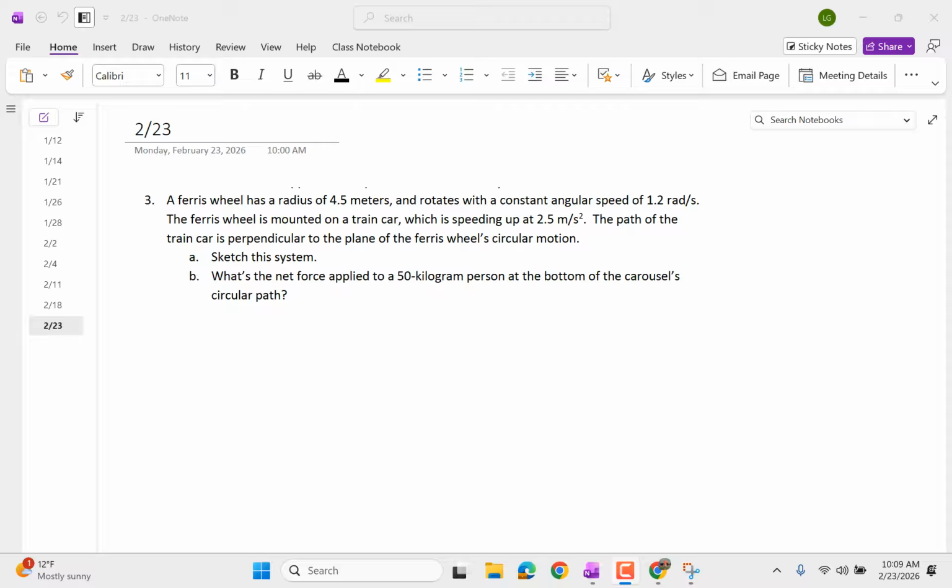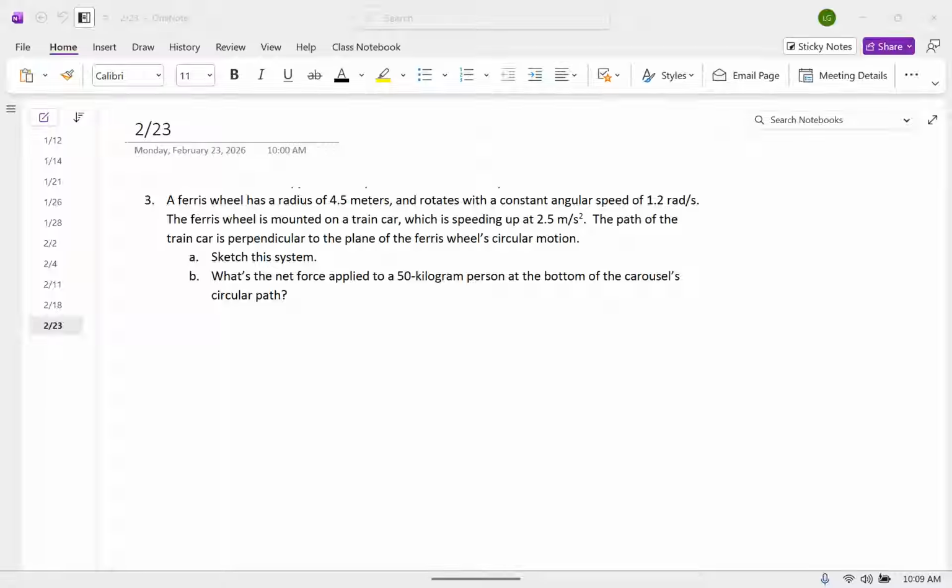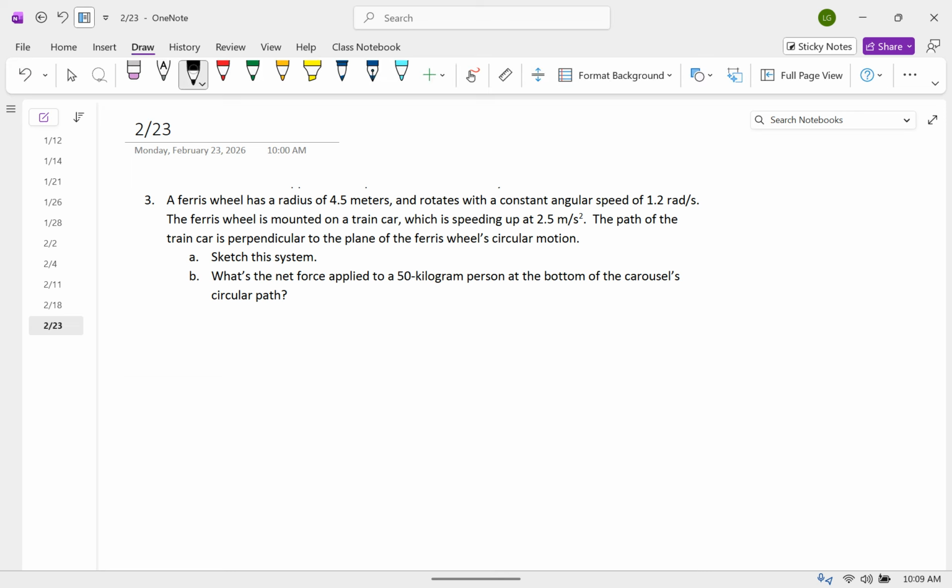Okay. So I'm going to do 3 questions from the homework. And a lot of these are cases where the motion is described in a non-inertial coordinate system.